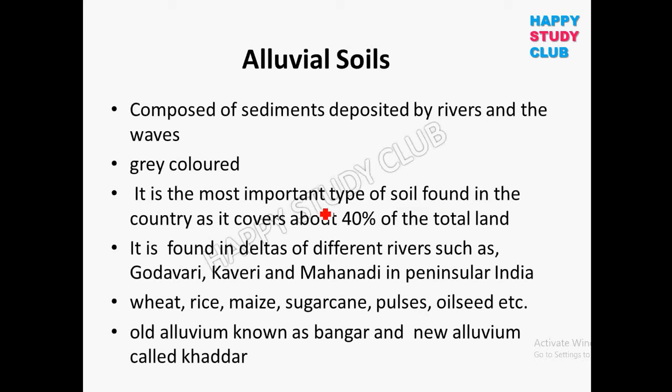It is the most important type of soil found in the country, as it covers about 40% of the total land. It is the most fertile type of soil in India.